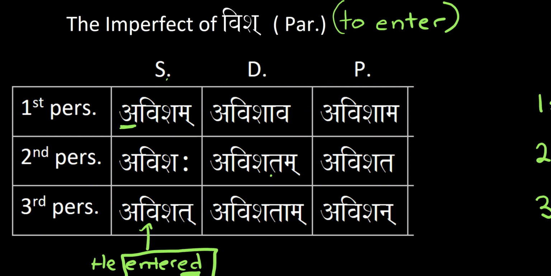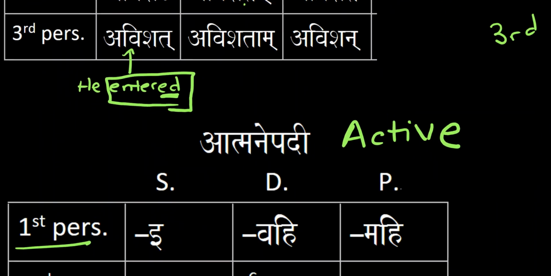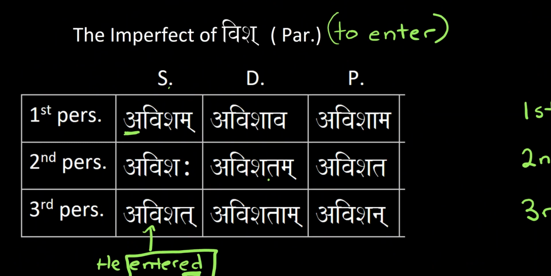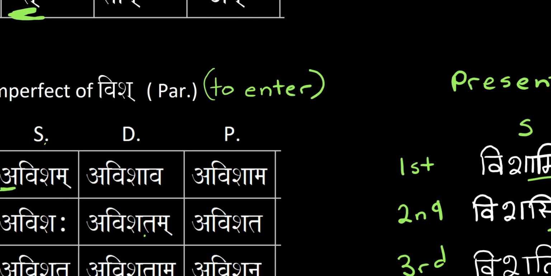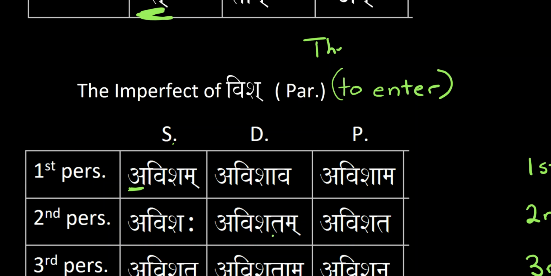So that is an example of a parasmaipadi type verb, to enter. And now we're going to go into the middle voice.